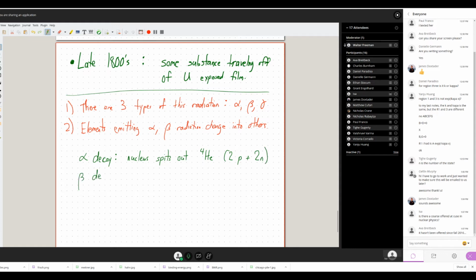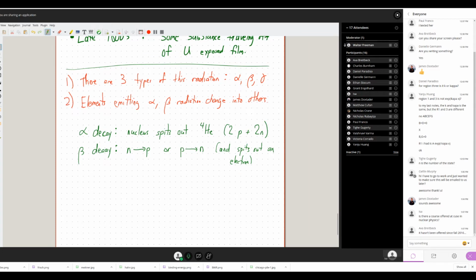And beta decay is when a neutron changes into a proton, or the other way around, a proton changes into a neutron. And here I should say, in beta decay, this also spits out an electron. So some elements are radioactive, some isotopes, I should say.